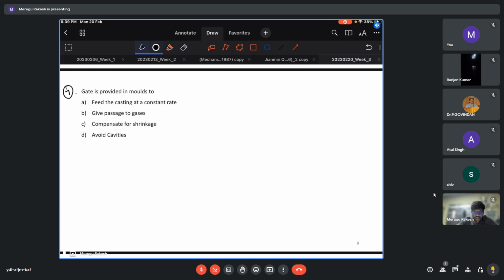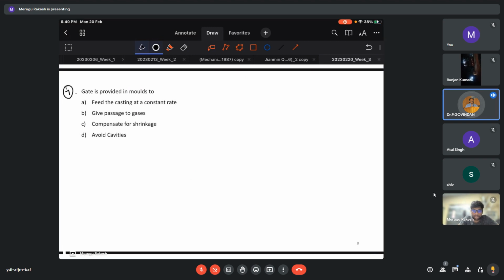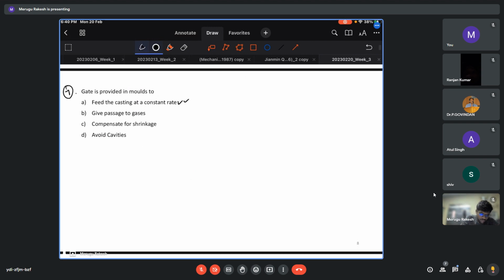So this is a straightforward question. Option A is correct, sir. Yeah, option A is the correct one. So basically, the main purpose of using a gate is to feed the casting, but not to compensate or avoid cavities.